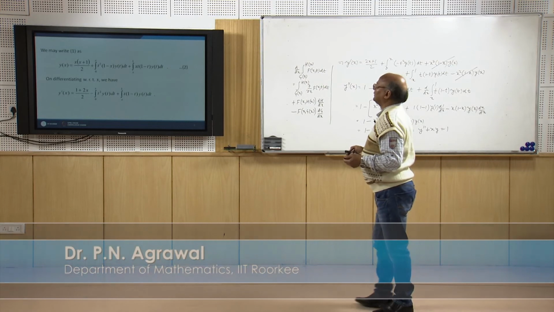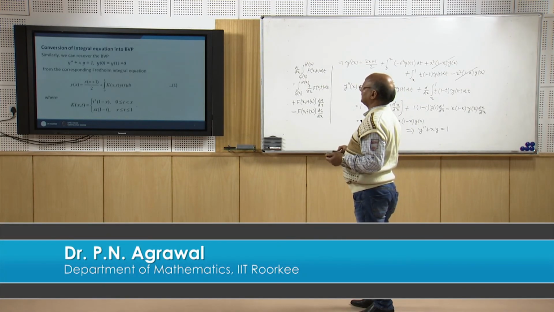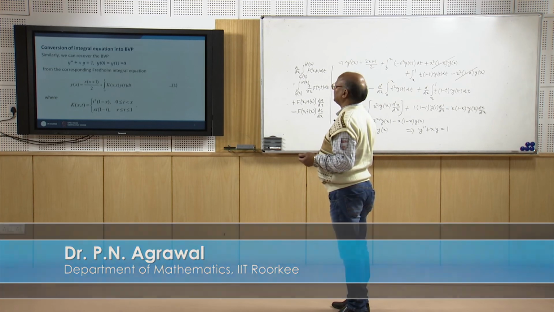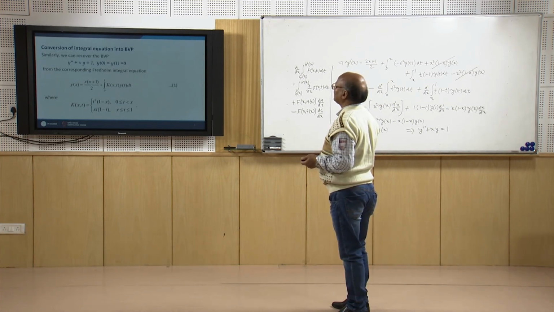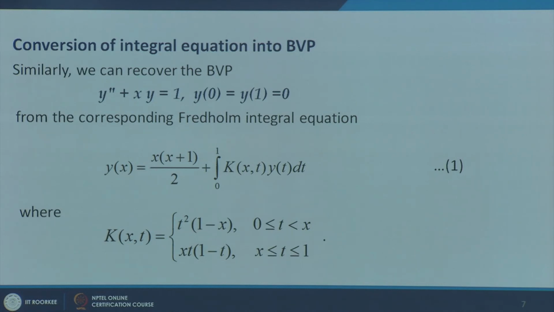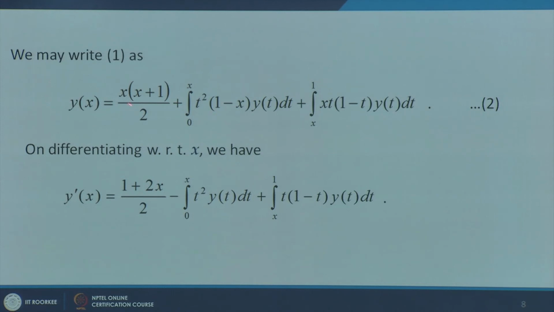Now, from the integral equation with which we started, let us see what we notice when we put x equal to 0. We need to find y at 0 and y at 1. In the integral equation, when you put x equal to 0, this is 0, and this integral is also 0 because both the limits are 0, and here when you put x equal to 0, the integrand becomes 0, so the integral becomes 0.